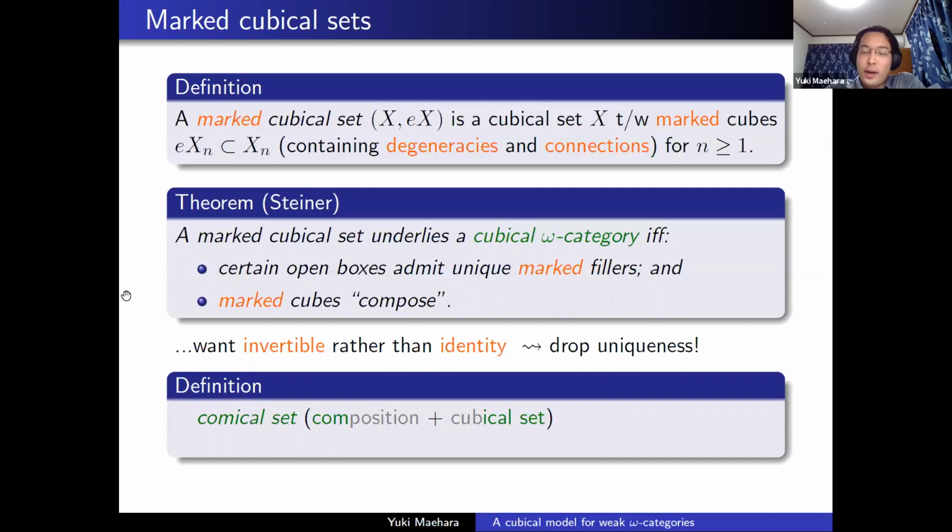So it might be more natural to look at just semi-cubical sets and ask for non-unique fillers for these boundaries and recover identities that way.